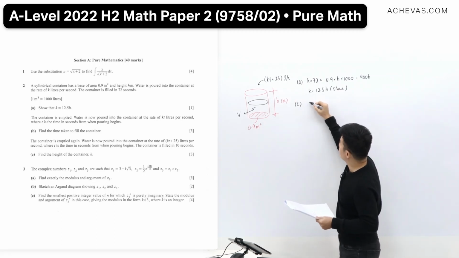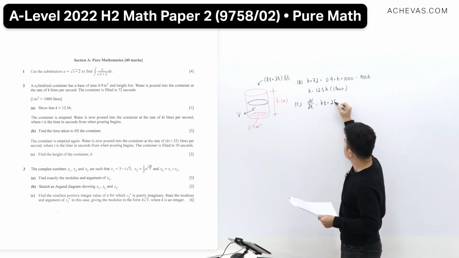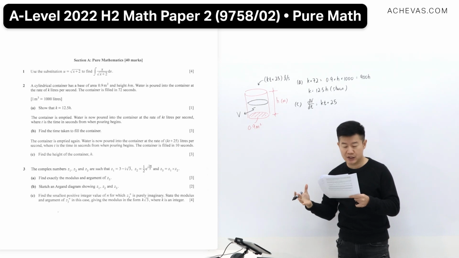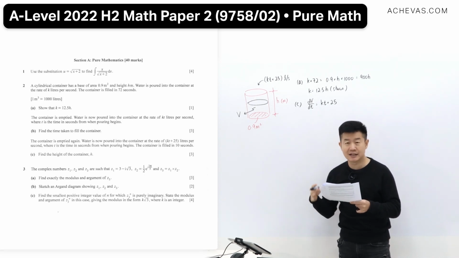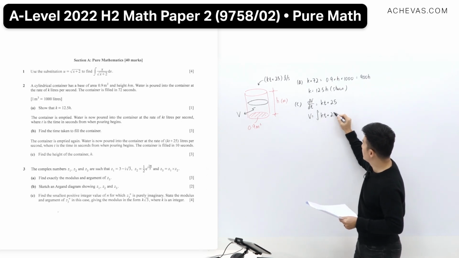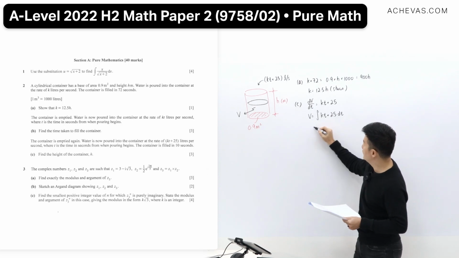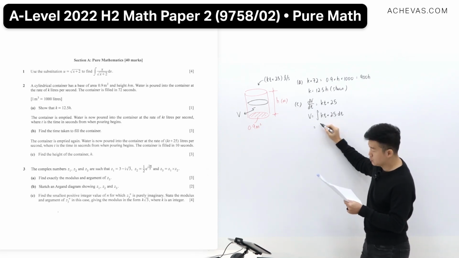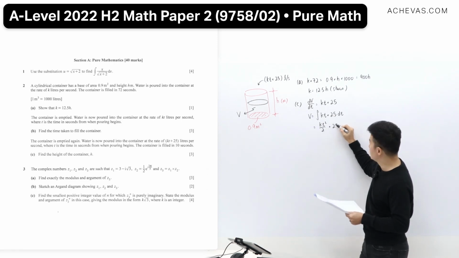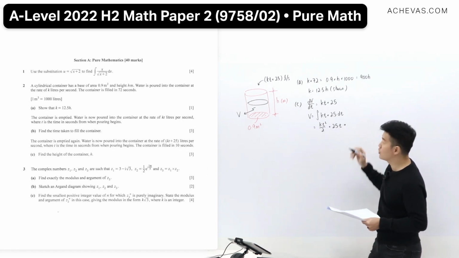So according to what the question has given to us, dV/dt here is going to be equal to kT plus 25. So once again, we do need an equation that is in terms of V and T. We need to solve this differential equation. V is going to be the integration of kT plus 25, so V is going to be equal to kT squared over 2 plus 25T plus an arbitrary constant.